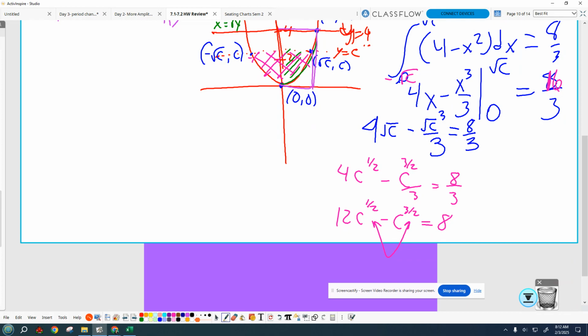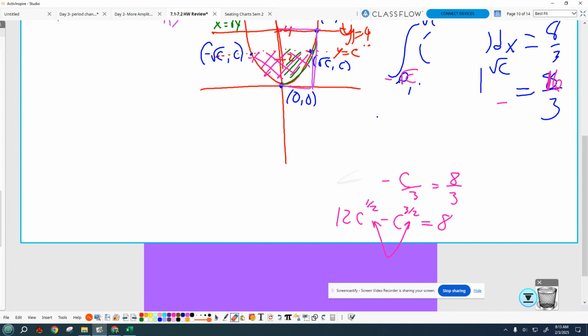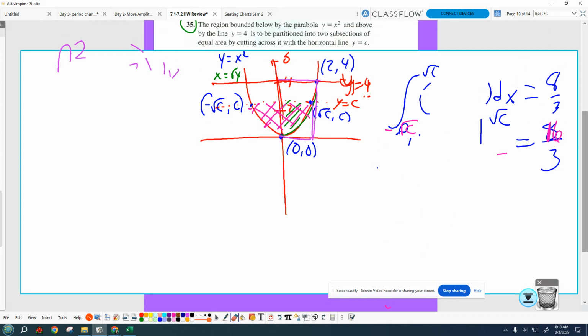Or you have to change what's actually in the, so you do c minus x squared as c minus whatever thing is inside, called the argument. So top curve minus bottom curve. You guys okay with that?